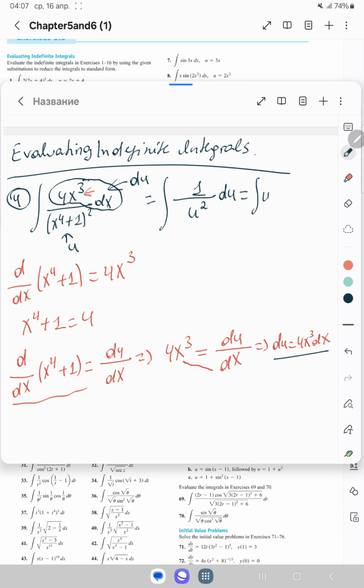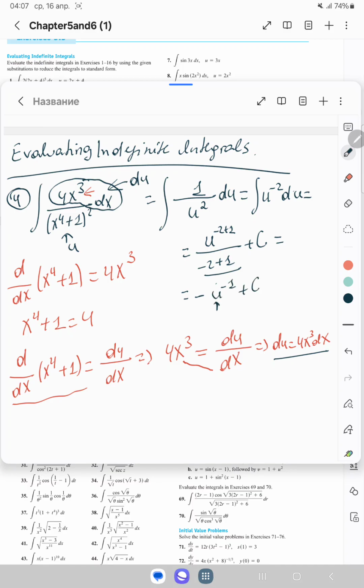Integral of this easy peasy. Oh, we know that we have formula minus 2 plus 1 over minus 2 plus 1 plus c. Never forget c, please. Equals, so this is minus 1 minus u to the power of minus 1 plus c.